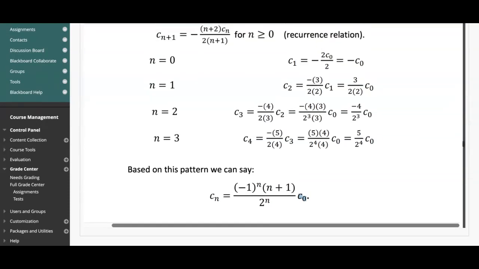So we observe the pattern, then we form a general term. So this is recurrent. So the nth term is with this coefficient of the first term. Anyone has any question?